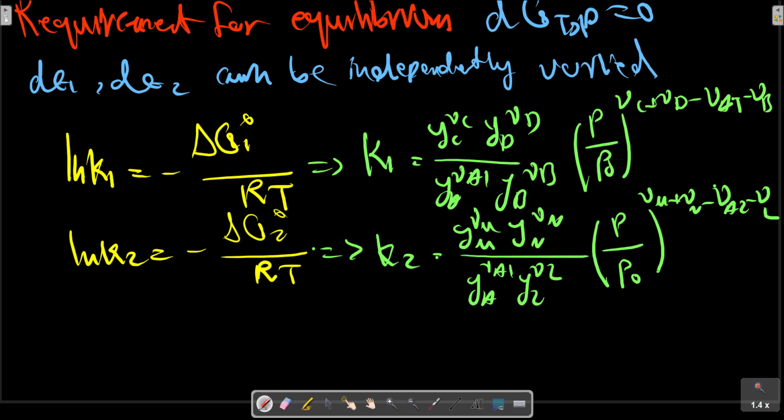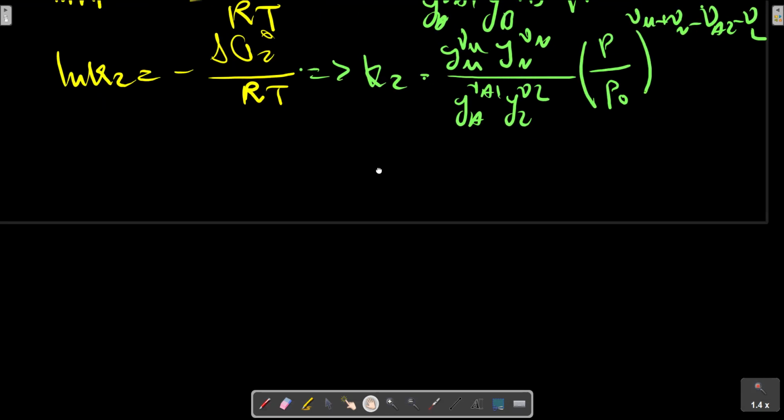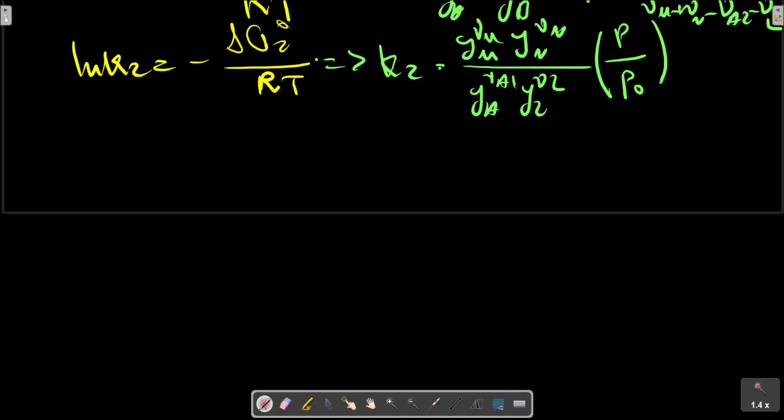In general, dG for the multi-component system is the sum of g_i dn_i, in which the g_i are each given by the specific equation, and n is in moles.